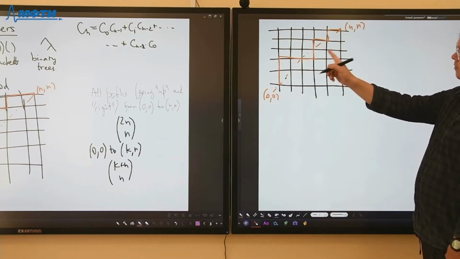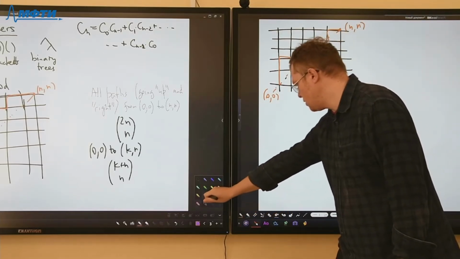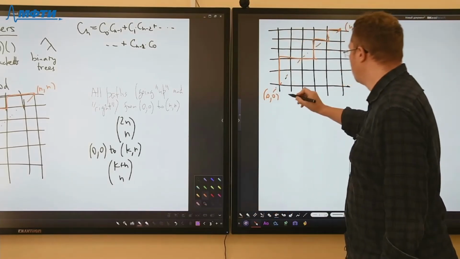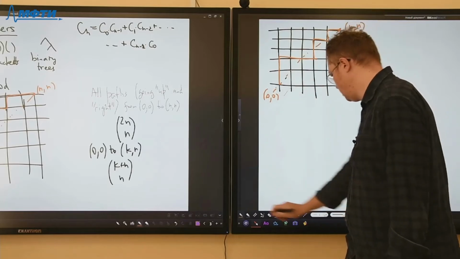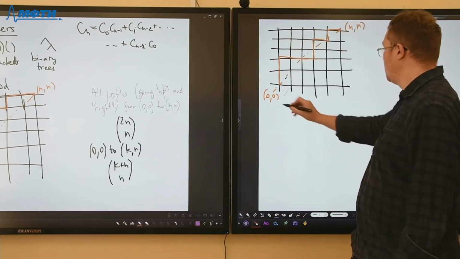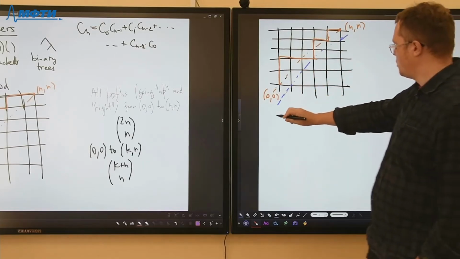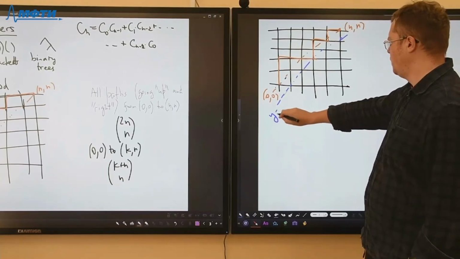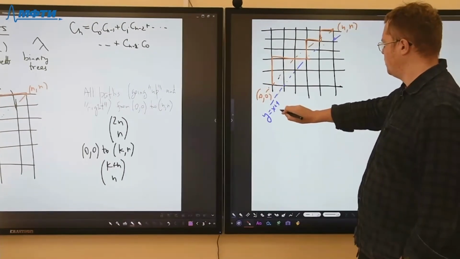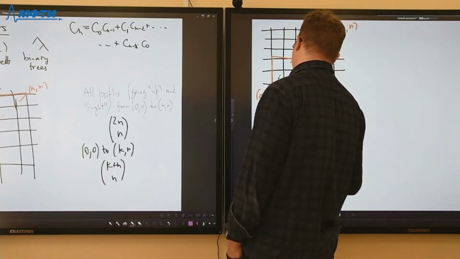This path always intersects the shifted diagonal, which is the line y equals x minus 1.